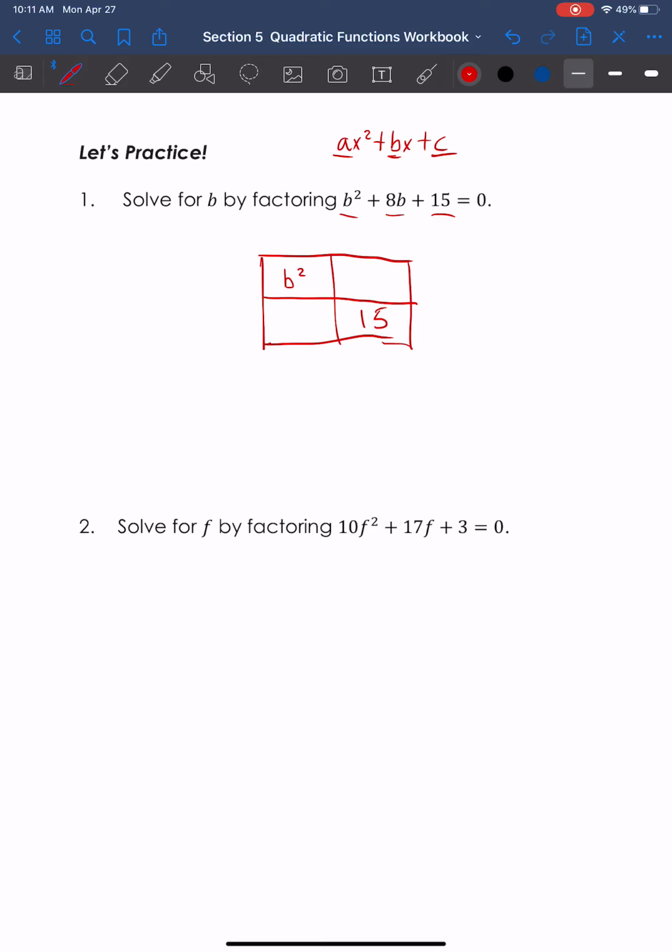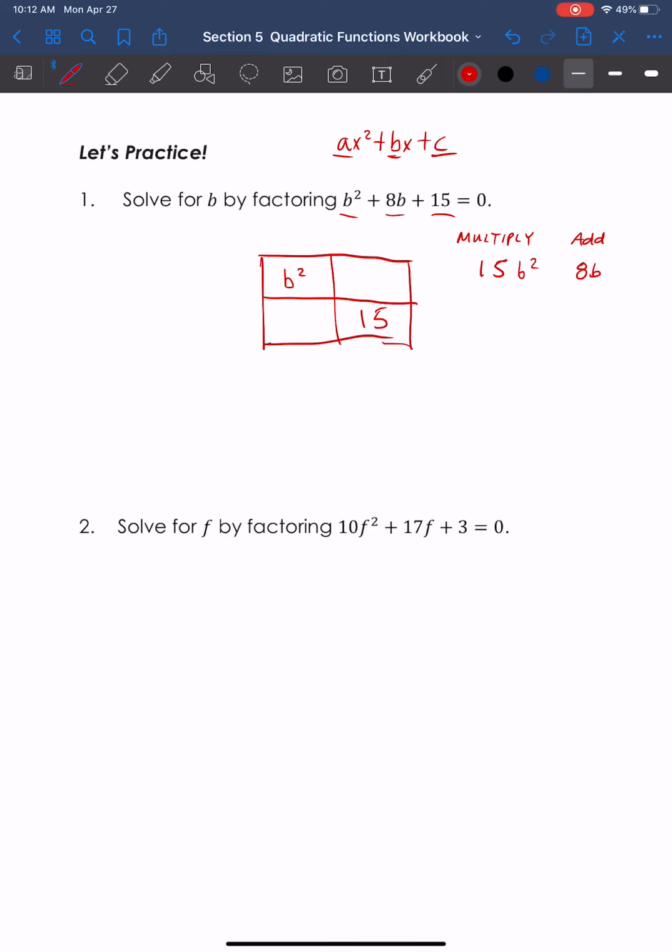Then, in order to find the two middle boxes, we need to find two numbers that multiply to give us 15b squared, but when we add them, they need to give us 8b.